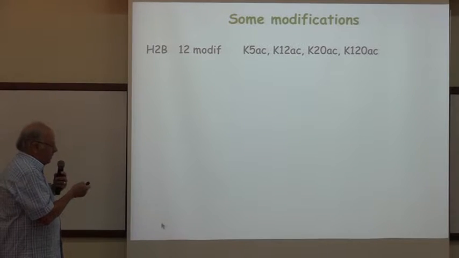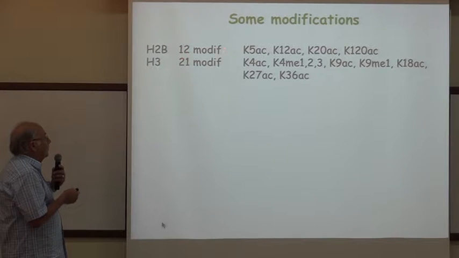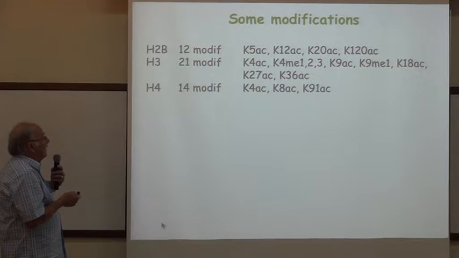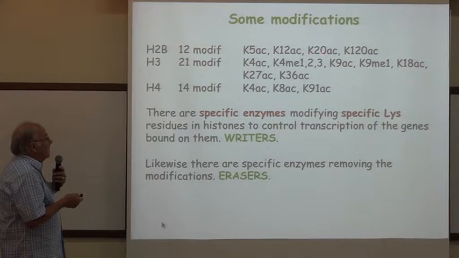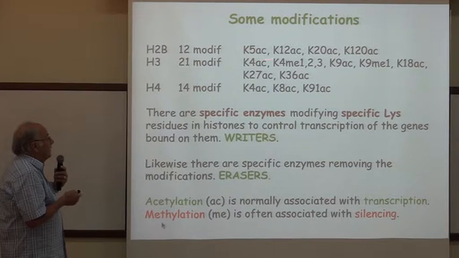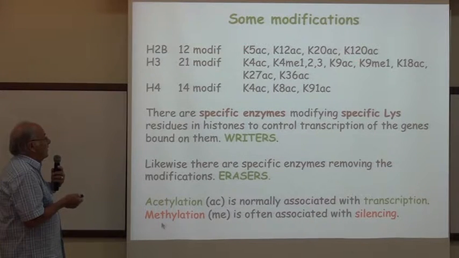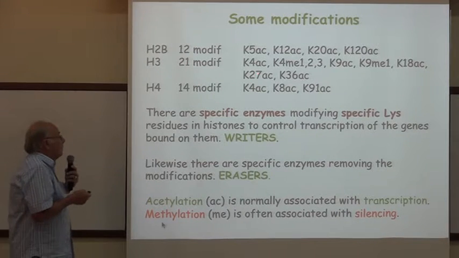So some of the modifications here. H2B has 12 different modifications, and it's lysine 5, lysine 12, lysine 20, and lysine 120 that can be acetylated. H3 has 21 different modification possibilities.